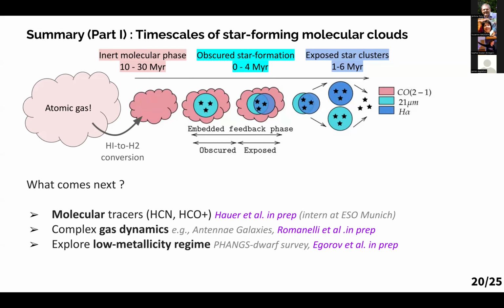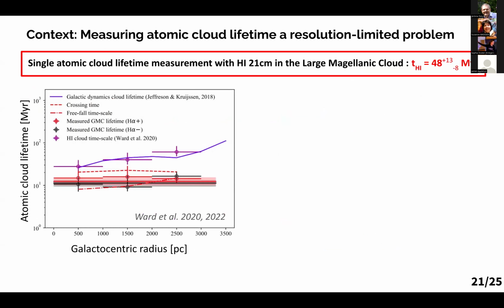So in the few minutes that I have left, I will add a few words on the timescale of atomic gas. And the reason why I spend less time on it is because we don't have many measurements. One problem for this is the resolution of the observations in HI, which have currently enabled only a single measurement in the Magellanic Clouds, where in Ward et al. papers, they measured a timescale of around 48 megayears, so longer than the molecular cloud, compatible with a model where this timescale would be regulated by the collapse of the mid-plane through gravitational forces.